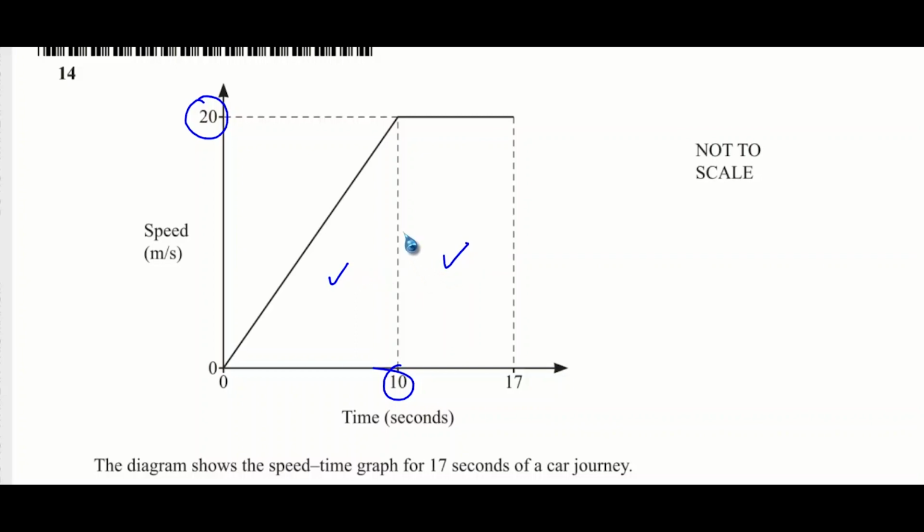The other way is to find the area of the whole shape, which is the area of a trapezium. So if this is side A, the value is 17 minus 10, that will be 7. Then this from here to here will be side B, so B is equal to 17, and the height is here. This will be equal to 20.